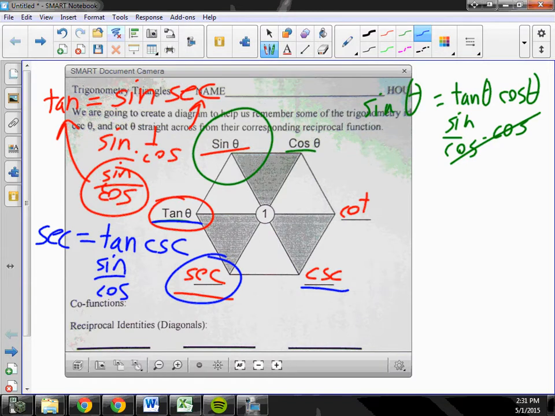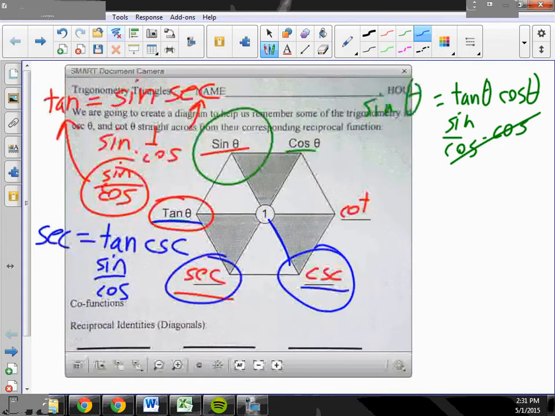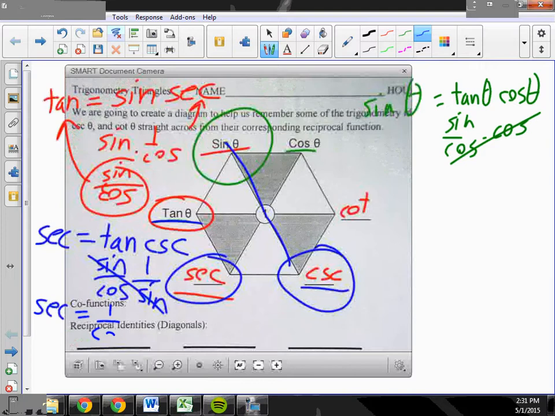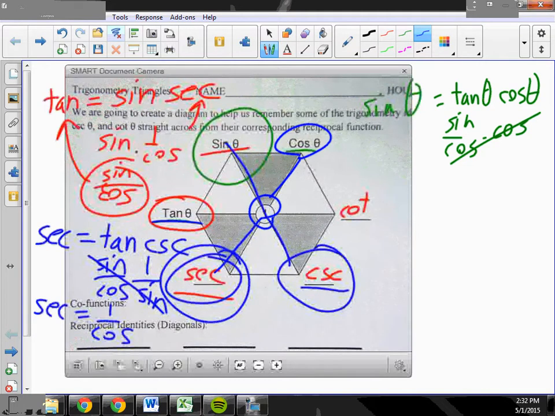Well, cosecant is 1 over sine. You don't need the reference sheet. This tells you right here. So 1 over sine. Well, the sines cancel, and I'm left with secant equals 1 over the cosine. Is that true? Yeah. If you look here, secant is 1 over the cosine. Good. Okay. Go ahead and finish that paper.